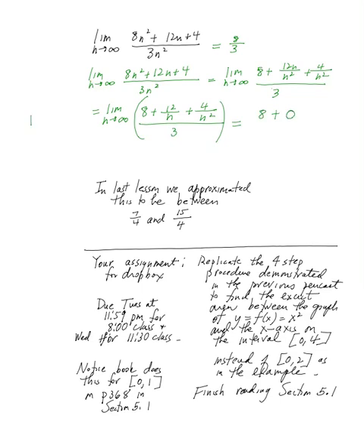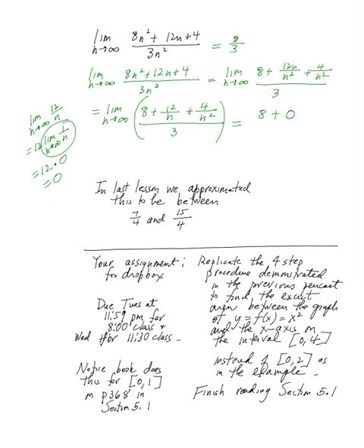Maybe I better write that out. Limit n approaches infinity of 12 over n is 12 times the limit n approaches infinity, 1 over n. What's this limit? That's a basic building block, that's 0. Because we're dealing with 1/10th, 100th, 1,000th, 1,000,000th. Those numbers are going to 0.